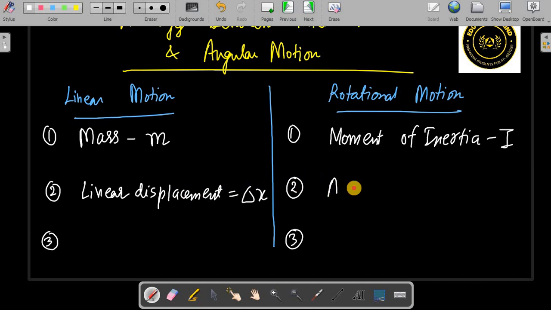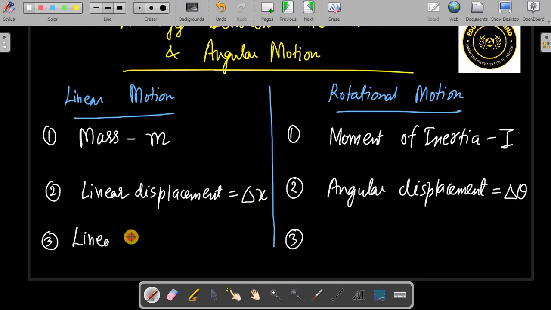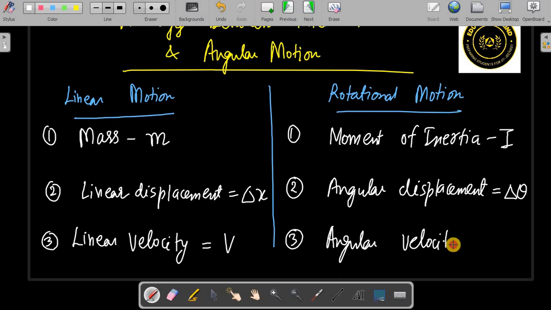Here angular displacement, delta theta. Similarly here linear velocity, which is v. Here angular velocity, which is omega. Omega is nothing but d theta by dt. Linear velocity is dx by dt.